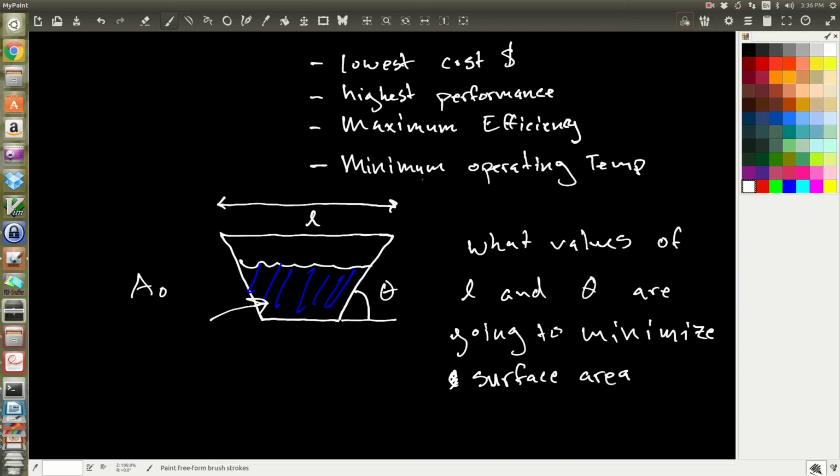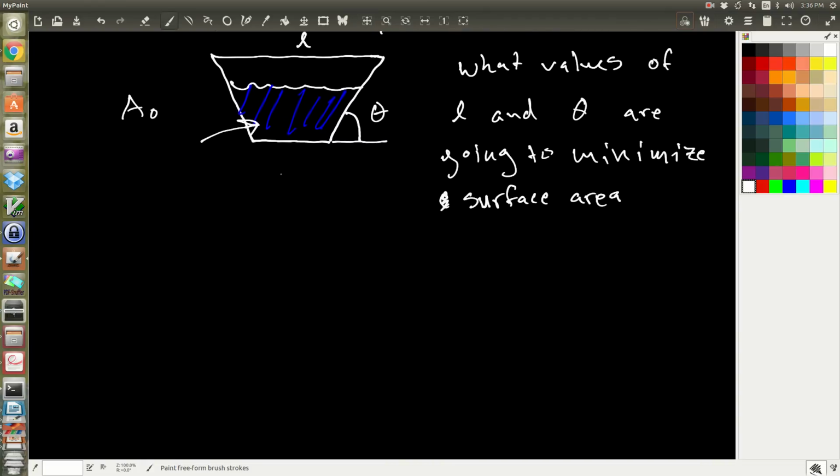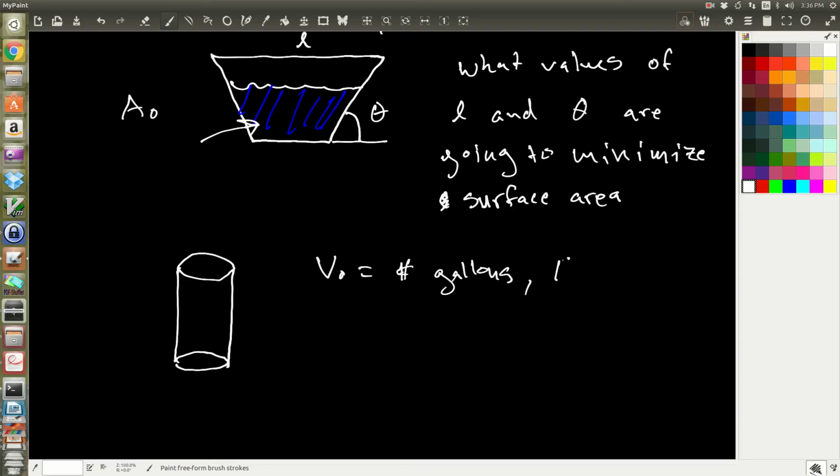That's just one example. Another example might be maybe we're tasked with designing a tank, and I'll actually do this problem later. So maybe we're tasked with designing a cylindrical tank that has to have some volume of fluid, V naught. Well, we could say it's some number of gallons or cubic feet, and we have different materials.